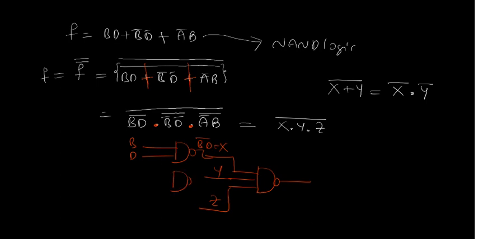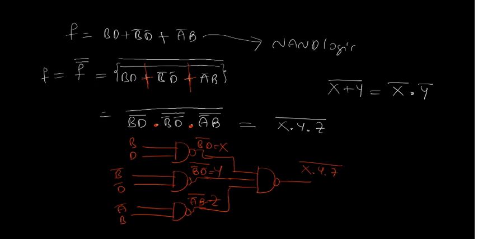Next for y, again you require a NAND gate with inputs B bar and D bar, so that you will get (B bar D bar) whole bar. Next for z, you require two inputs, A bar and B, so that you will get (A bar B) whole bar. This is your z and this is your y, so that you will get the final (xyz) whole bar expression, that is nothing but your F.